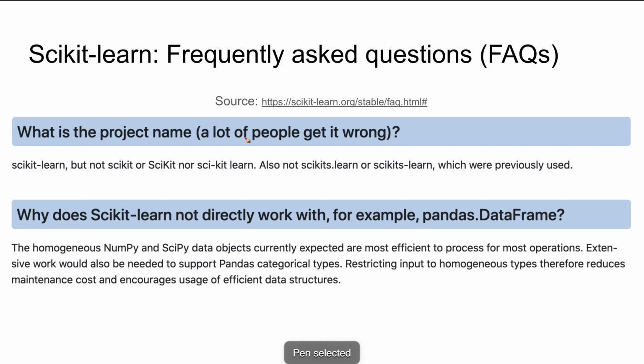Now with scikit-learn, these are different frequently asked questions, and I just wanted to go through some of these because they can clear some of the doubts that you may have before we get started with this library. The name, of course, is scikit-learn, as you've seen. It does not directly work with a pandas data frame, so that may be a surprise, and we need to convert that to numpy arrays.